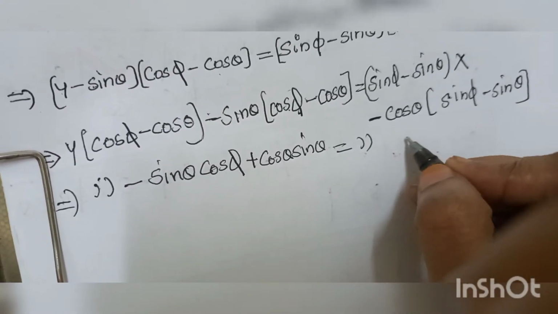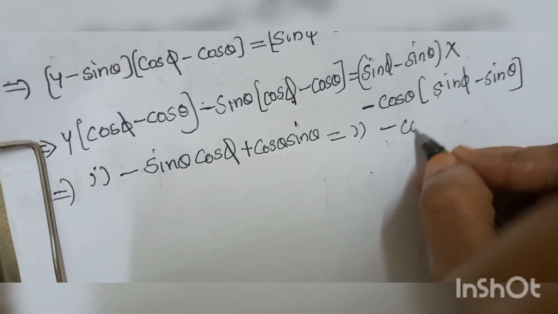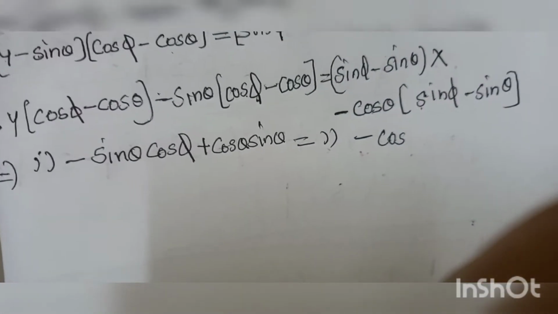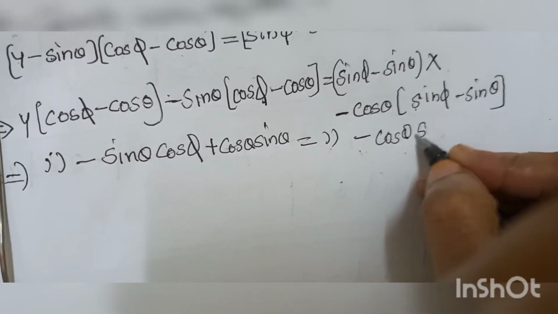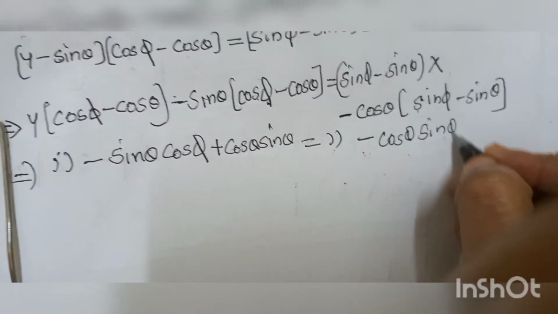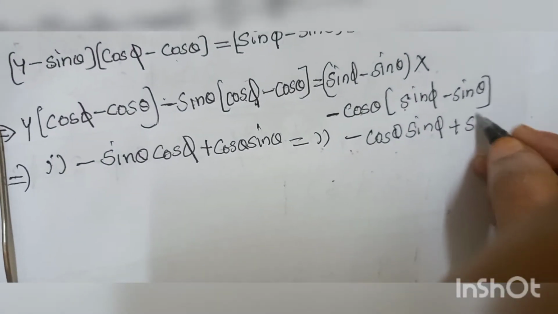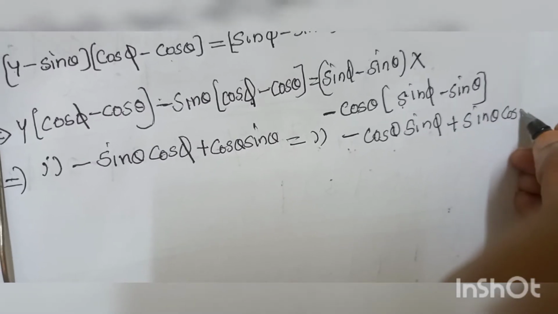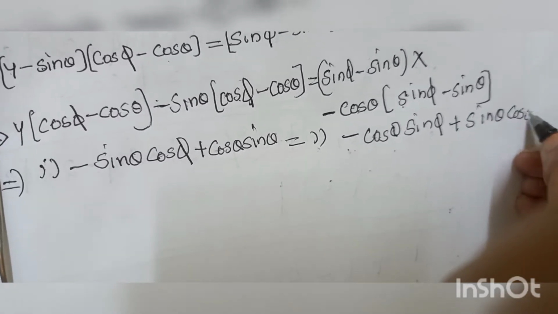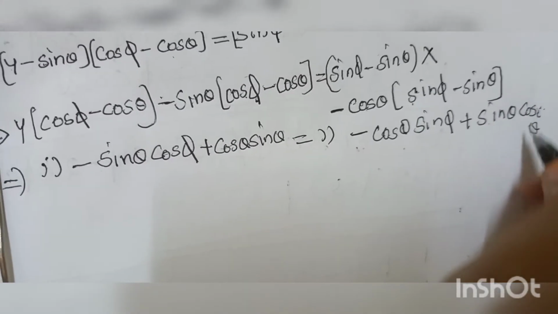so we have to put comma like this, then minus cos theta into sin phi, minus into minus plus sin theta cos theta, sin theta cos theta.